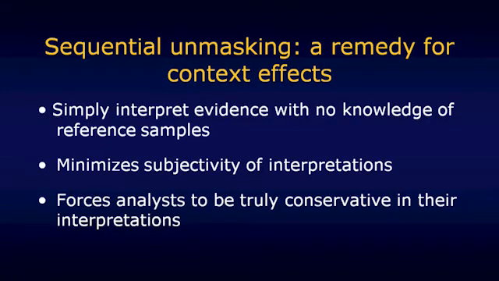The idea behind sequential unmasking is really very simple. Evidence samples should be interpreted by analysts without any knowledge of the reference profiles for the suspects or the victims of a particular case. Quite simply, look at the evidence sample, determine what alleles the analyst is confident are present, determine what alleles the analyst is confident are not present, and make a note of those.